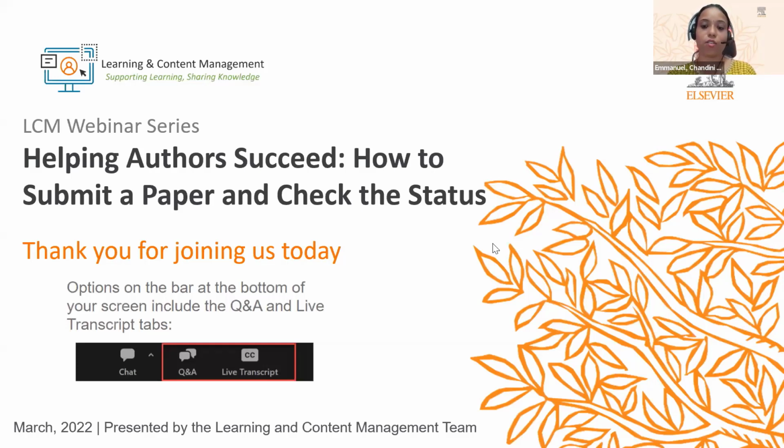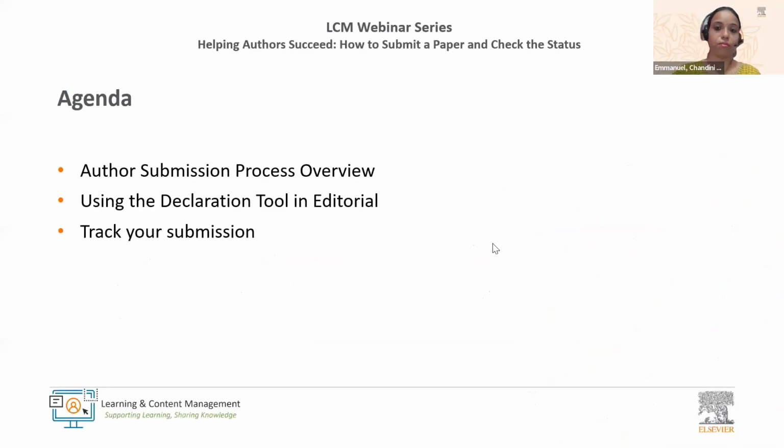So now let's take a look at our agenda for today. We will start by giving you an overview of the author submission process in Editorial Manager. Please note that the steps may vary depending on the journal configuration and the type of article being submitted by the authors. We will also have a look at how to use the declaration tool when submitting a manuscript.